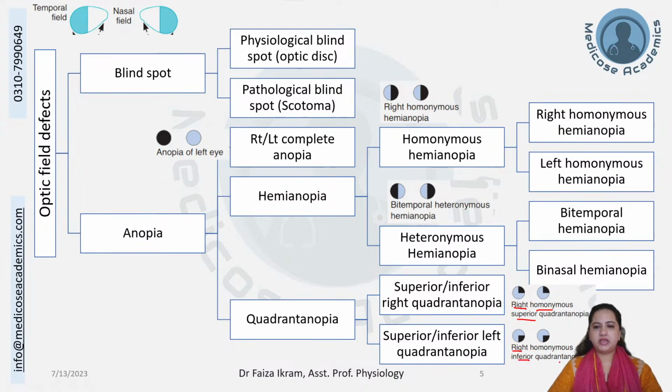Right, inferior, homonymous quadrantanopia. If it is occurring on different sides of both eyes, one on the left side and one on the right side, now this is superior heteronymous quadrantanopia. This is rare. So let's stick to the homonymous types.